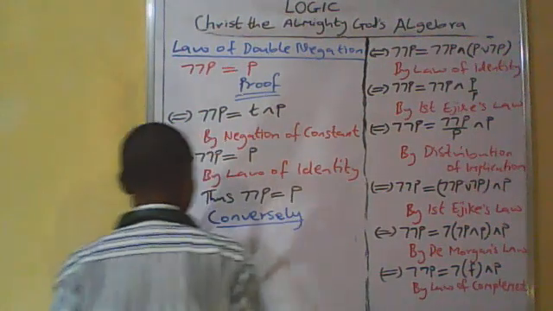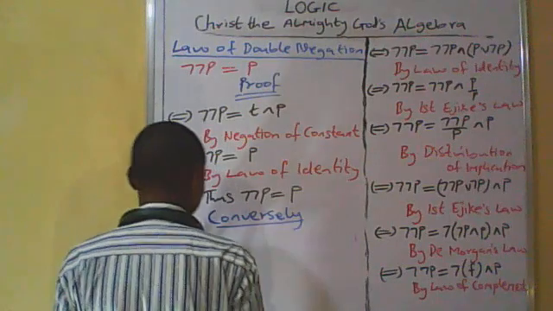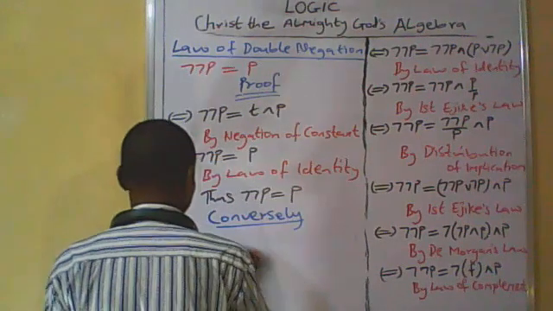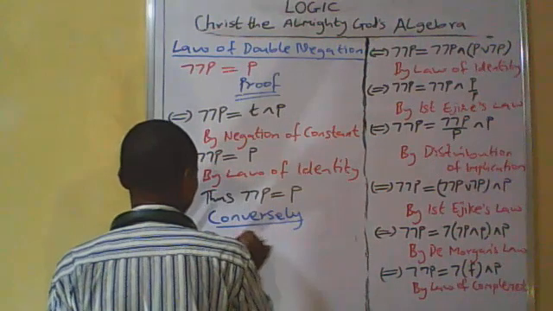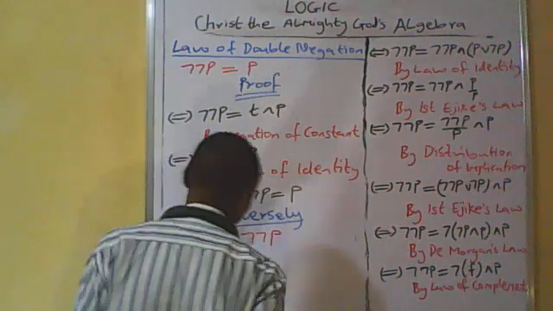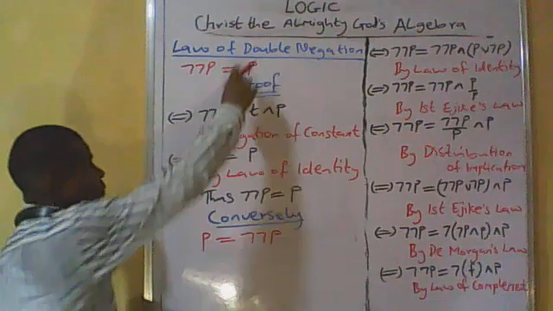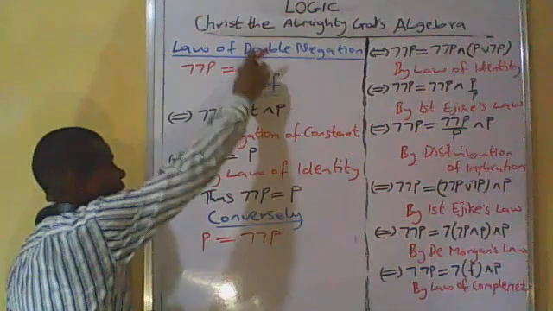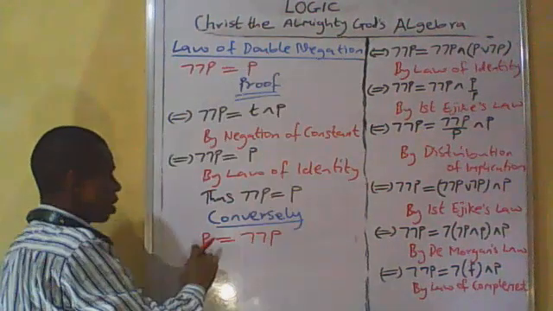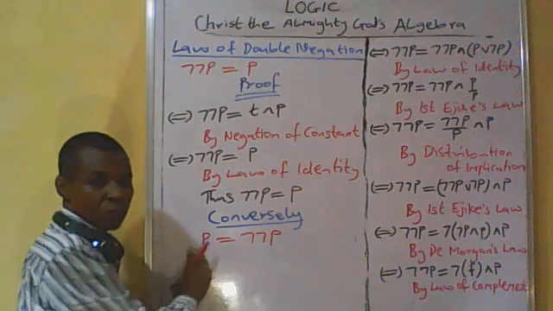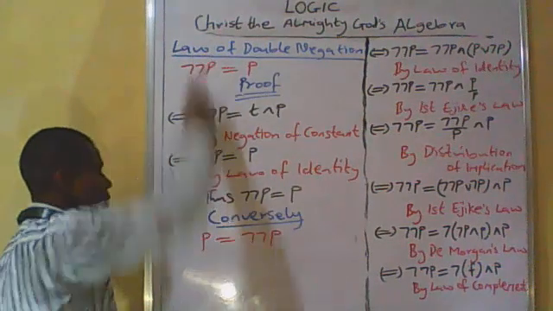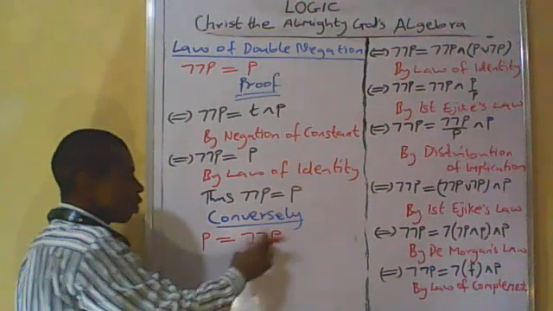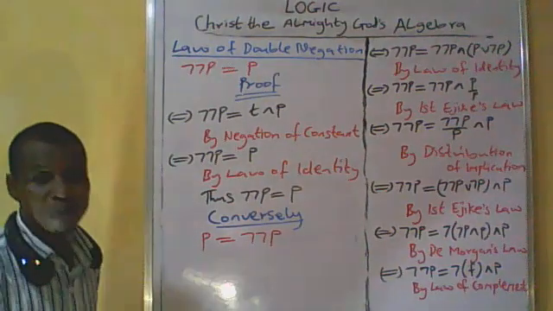Conversely, P is equal to not P. You see that this P at the right side of the equation has now become P at the left side, and this not P at the left side has now become not P at the right side. That is the converse.